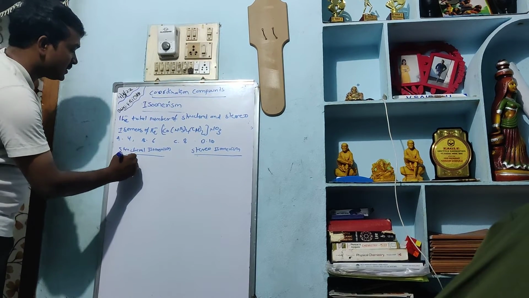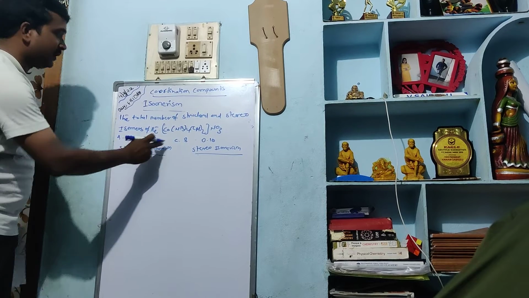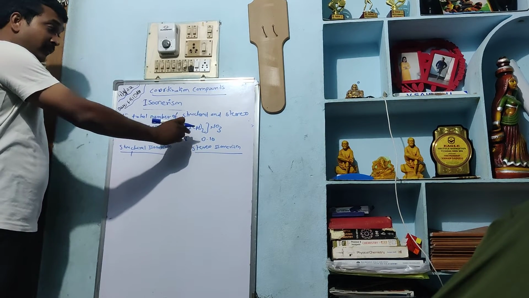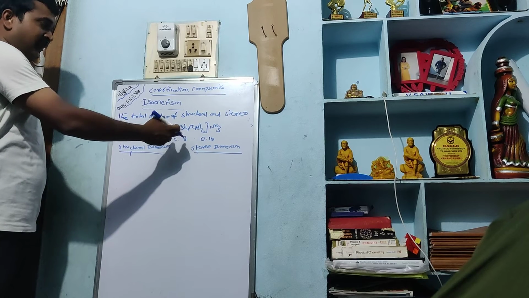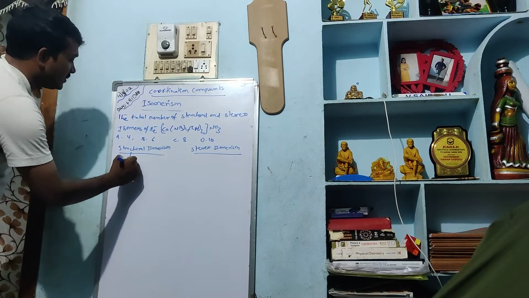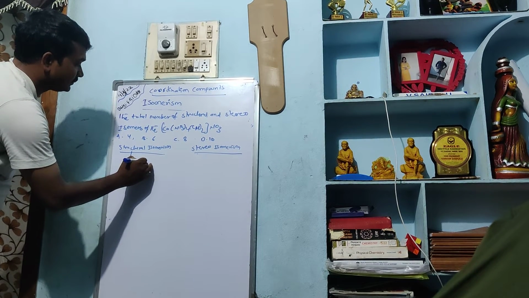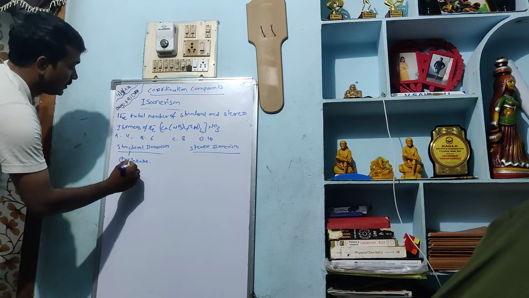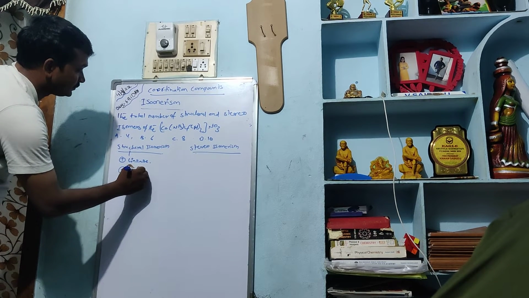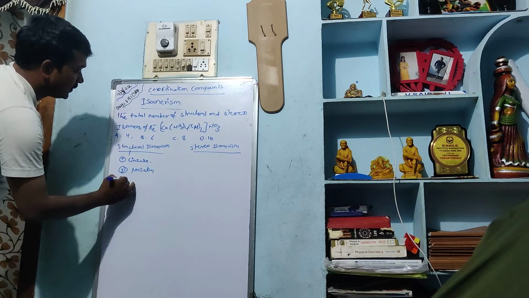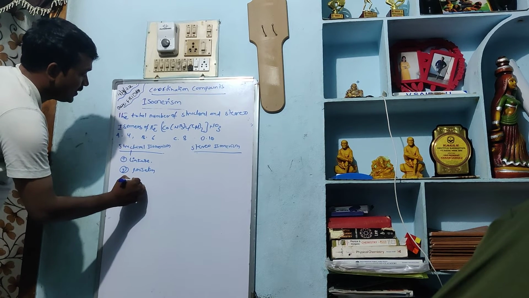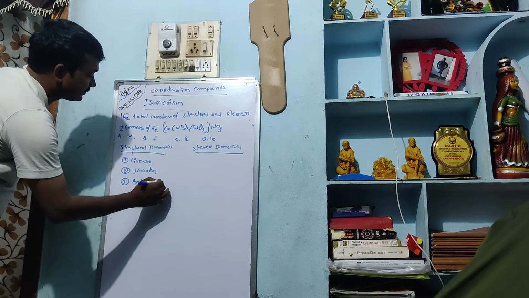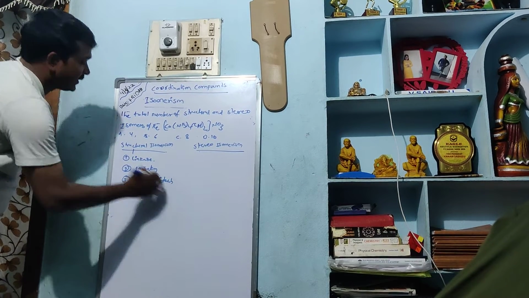Structural isomerism means the attachment of the central metal atom to the ligands in different ways. The first is linkage, the second is ionization, and the third is ambidentate or flexidentate. These are the different types.